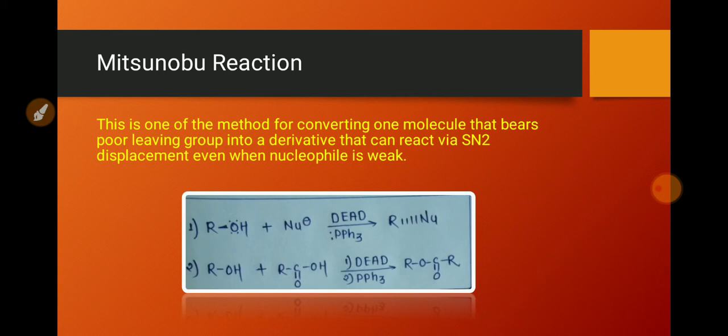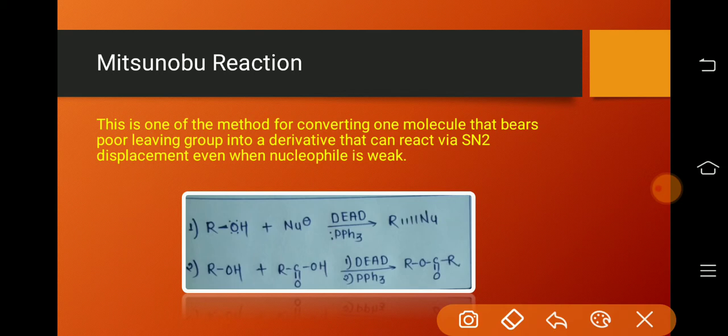So let's see how SN2 proceeds with all these reverse conditions. General reaction: alcohol on treatment with a nucleophile in the presence of the Mitsunobu reagent, that is DEAD, diethyl azodicarboxylate, and triphenylphosphine, gives an inverted product. Here a carboxylic acid is used as a weak nucleophile.